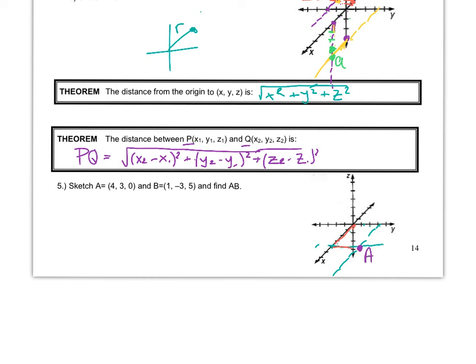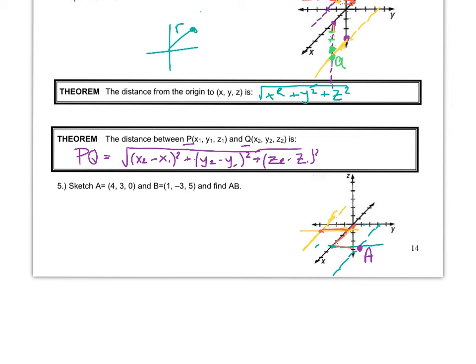And then B is 1, 3, negative 5. So 1 on the x's, negative 3 on the y's. So 1, 2, 3. Again, I'm going to draw a parallel line between, so I can kind of visualize where on the floor I would be. This is where I would be right now, going out positive 1 on x, negative 3, and then down 5 on the z-plane.